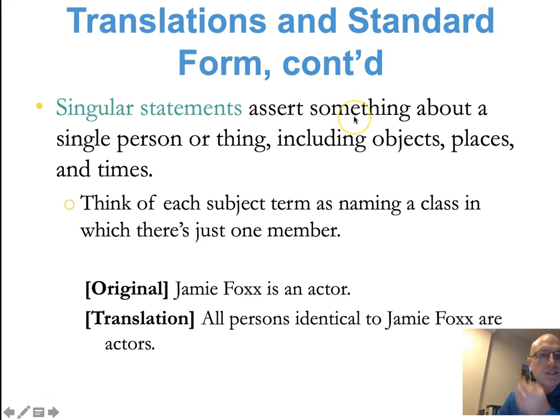So this is a singular statement asserting something about actors and Jamie Foxx. We know that Jamie Foxx is an actor. To translate it into standard form as a universal statement, we would say all persons identical to Jamie Foxx are actors. And so that then would give us our translation into standard form.